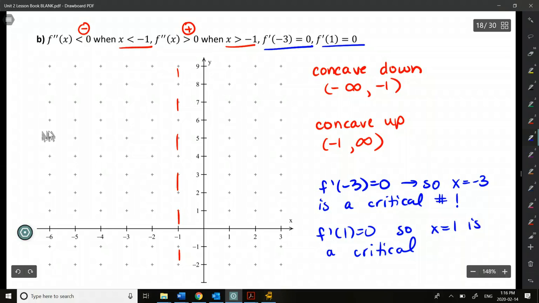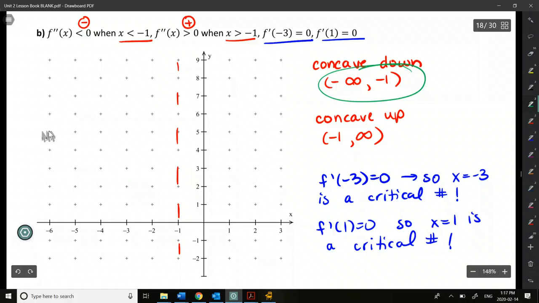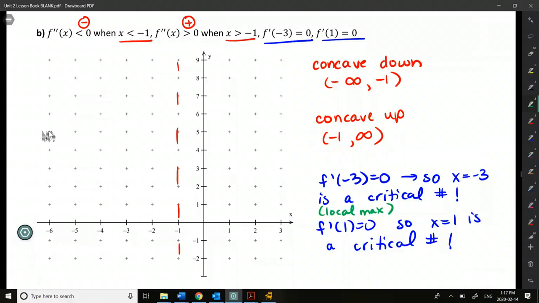Because we know the areas that are concave up and concave down, we can further classify these. So -3 occurs in the concave down interval, so this one's a local max. And 1 occurs in the concave up interval. So what does that tell us? Local min.